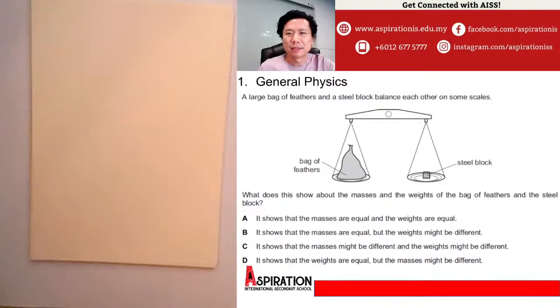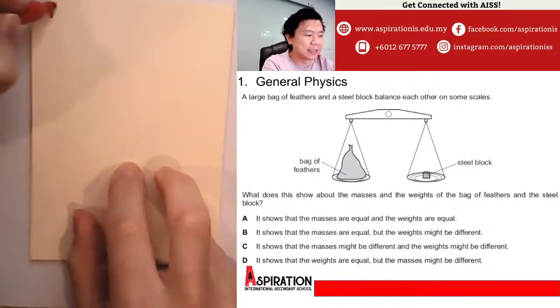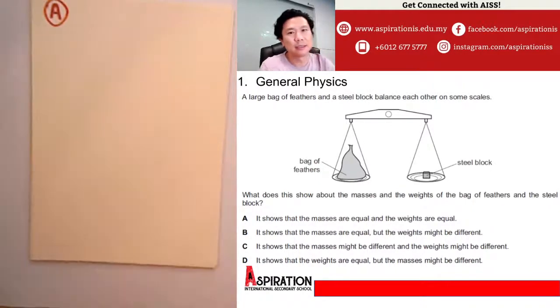Definitely in this question, the answer is A. This steel block balance measures the mass. The fact that they are at the same level means the mass is the same. You have learned that mass is always constant, but weight may change.